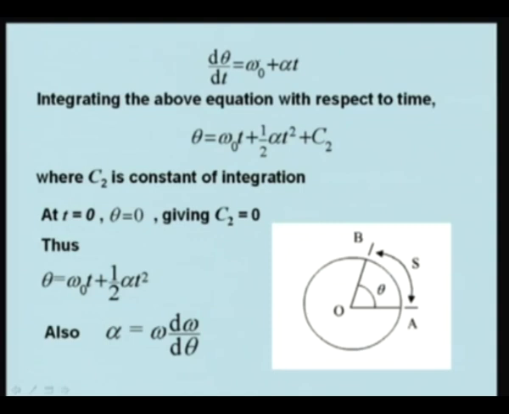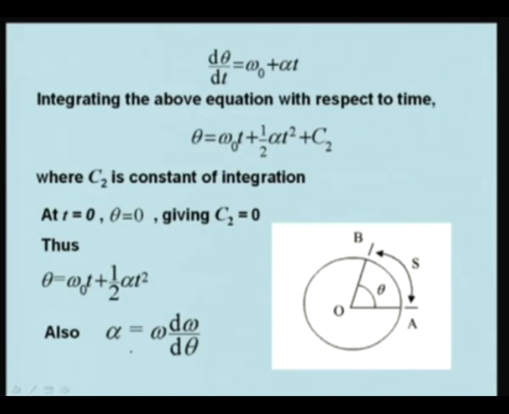This has been obtained by integrating the expression d theta by dt is equal to omega 0 plus alpha t, where c2 is a constant of integration. At time t is equal to 0, theta is equal to 0, giving us c2 is equal to 0. Thus, theta is equal to omega 0 t plus half alpha t square.